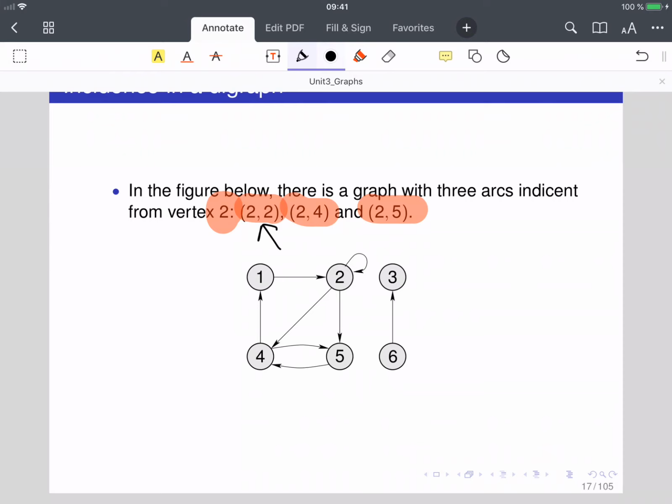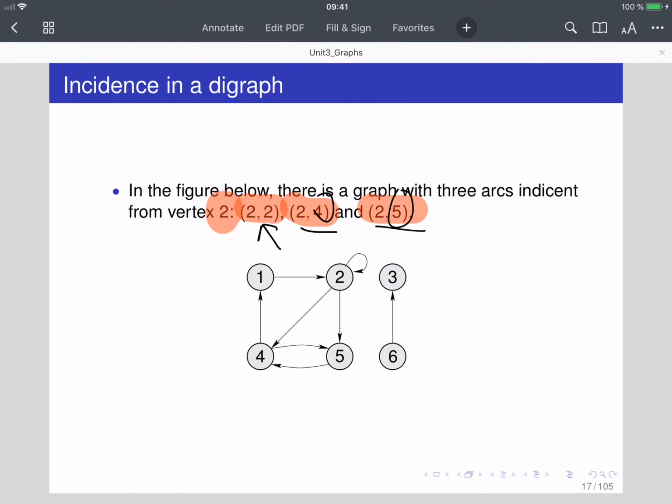2 is both the initial and the end vertex of this edge. In these other cases, the edge is incident from 2 to 4, and here from 2 to 5. 2 is the initial vertex, and 4 and 5 are the end vertices of these edges. I think it's quite easy, but if you have any question, just send me an email or something.